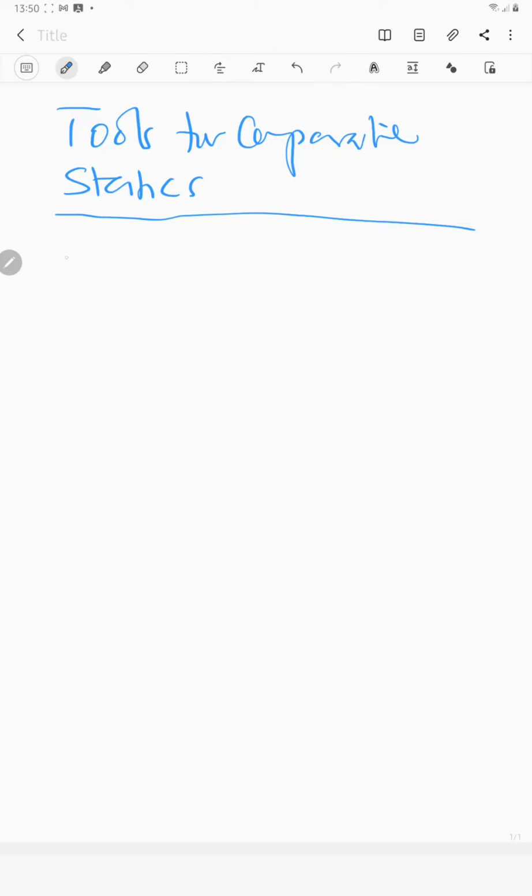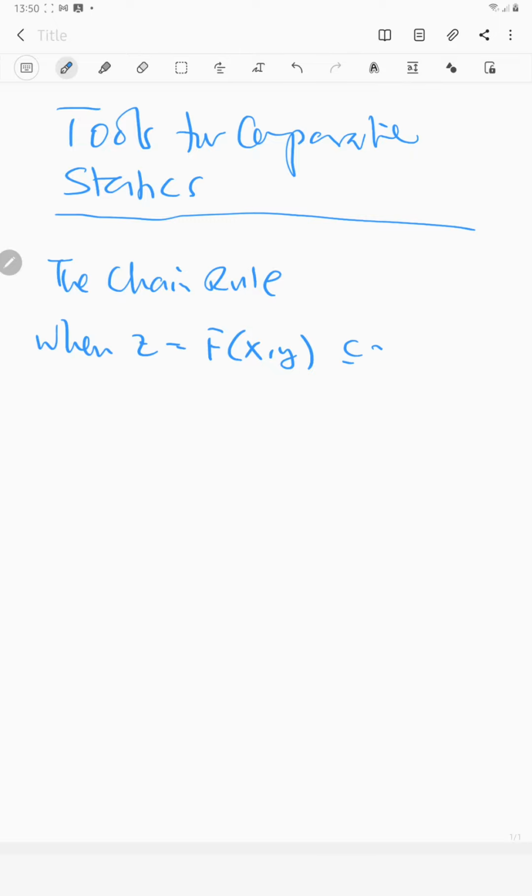For example, looking at the chain rule, we can define a function where z is equal to capital F(x, y), with x equal to f(t) and y equal to g(t).